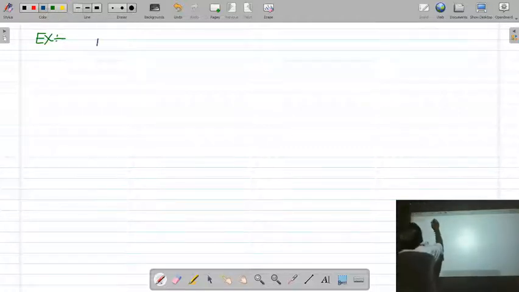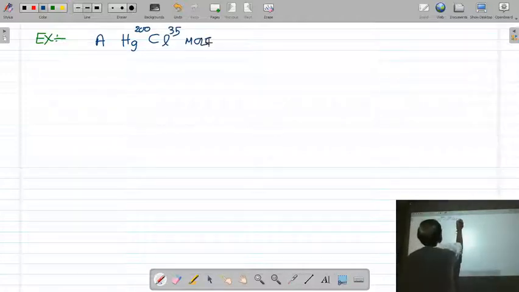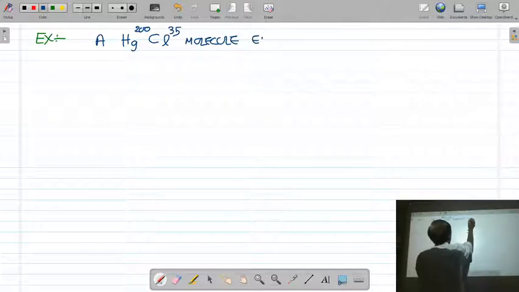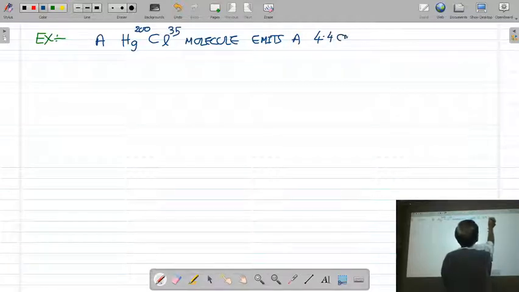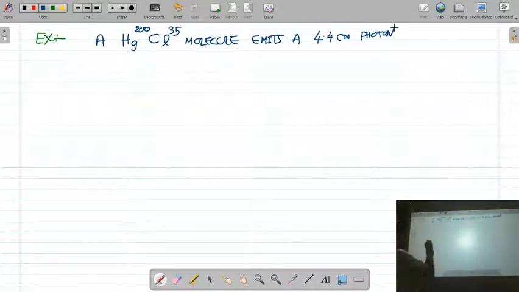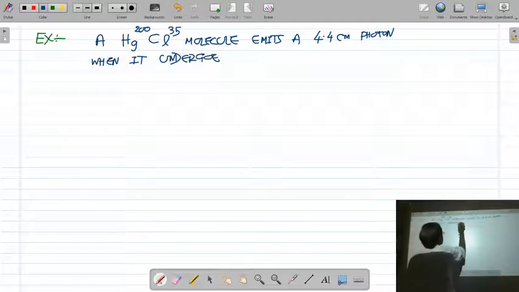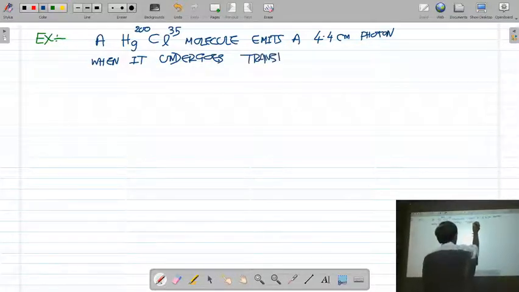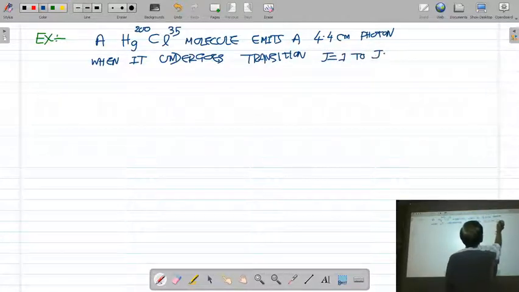A mercury chloride molecule emits a 4.4 centimeter photon when it undergoes a transition from J is equal to 1 to J is equal to 0.